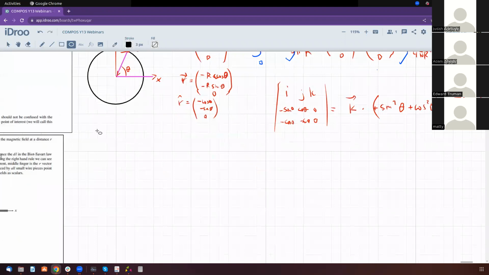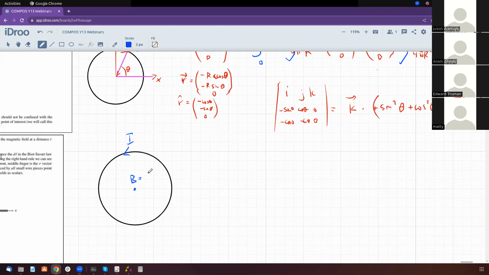This is the magnetic field at the center of a single loop of radius r carrying current I. So the magnetic field at this point is equal to mu0 I divided by 2r.